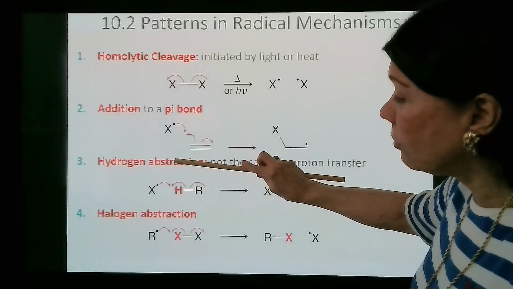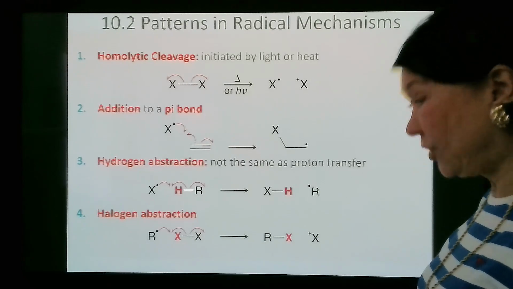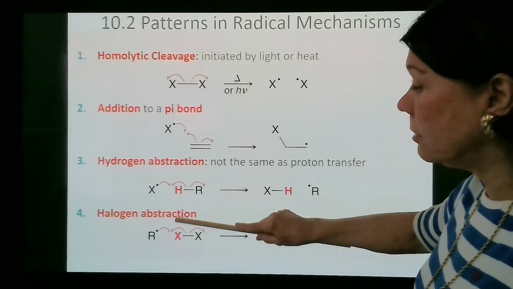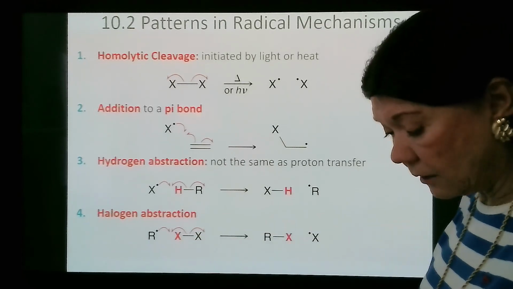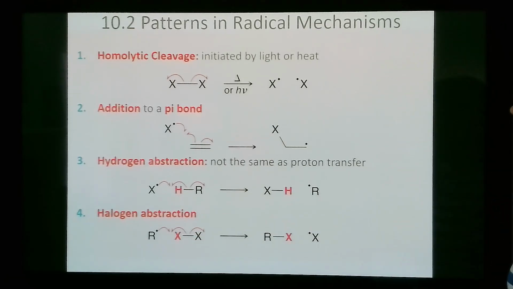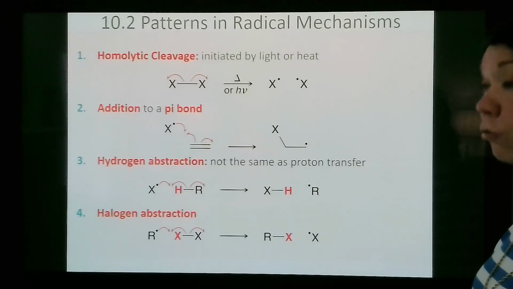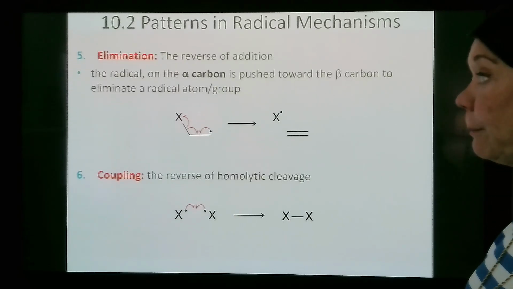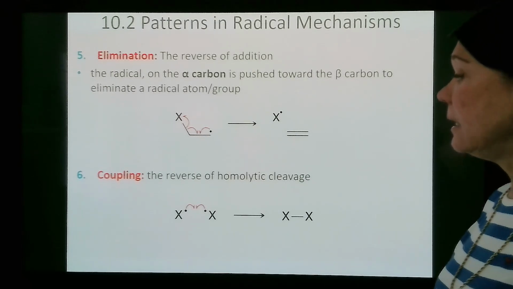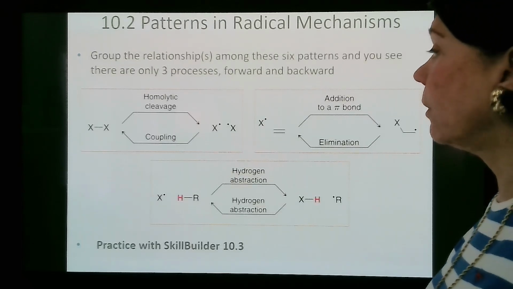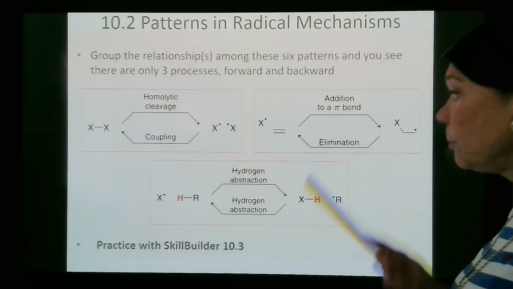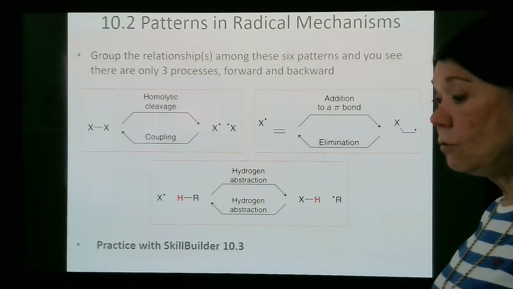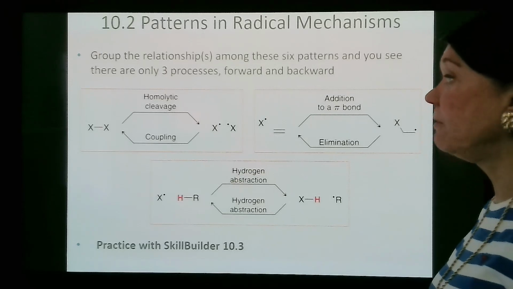And then remember that 3 and 4 are the same, except here you've got a hydrogen and here you've got a halogen. And so that is the way that you can remember 3 items instead of 6 by grouping them in your mind, and it's easier to remember. Now here, this appears in your textbook, and here it's drawn for you to help you visualize it.